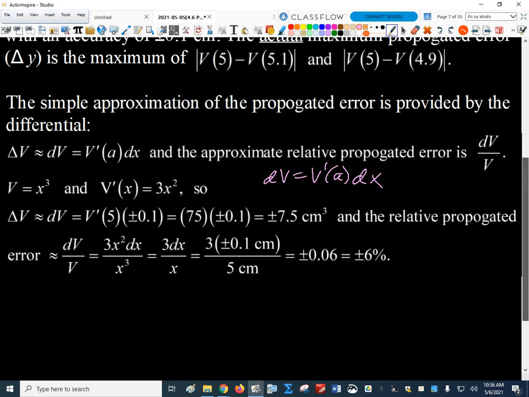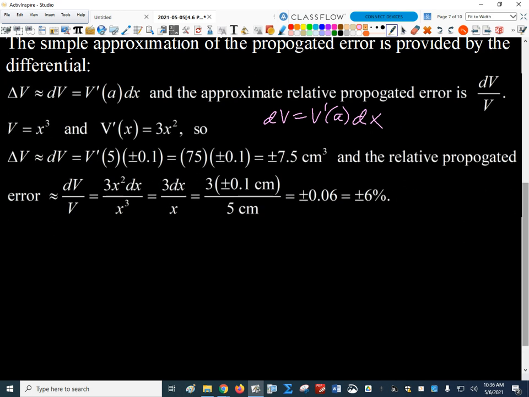So if I plug this in, then V prime of 5 is just going to be 3 times 5 squared. That's just 75, right? Times plus or minus 0.1 is giving me plus or minus 7.5 cubic centimeters. That's pretty cool. That just estimated the propagated error that I'm going to get in my volume calculation, okay? All right, we'll hit this again next time.